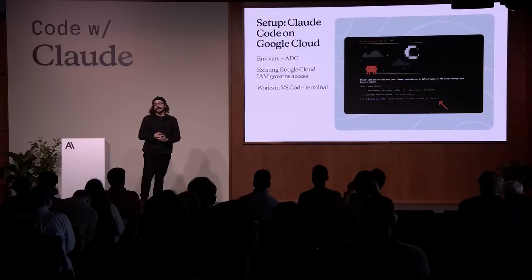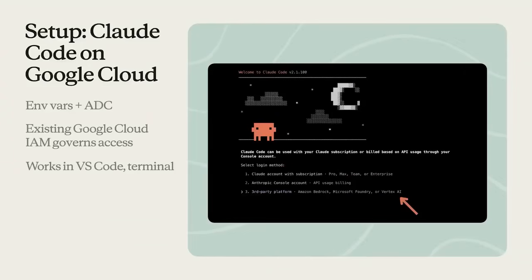So with that being said, talking about building and deploying with Claude on Google Cloud, the first thing that you need to do, if you use Claude Code, is set up the tool itself. How you can use Claude models with Claude Code, but with models hosted on Google Cloud, is pretty straightforward.